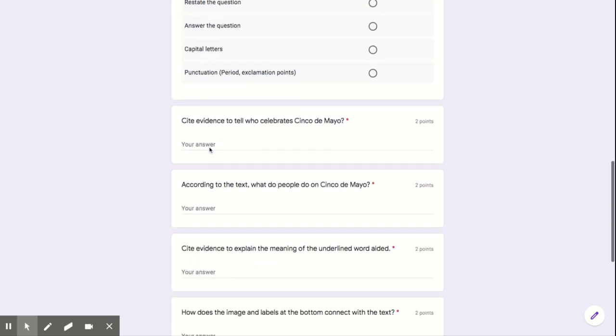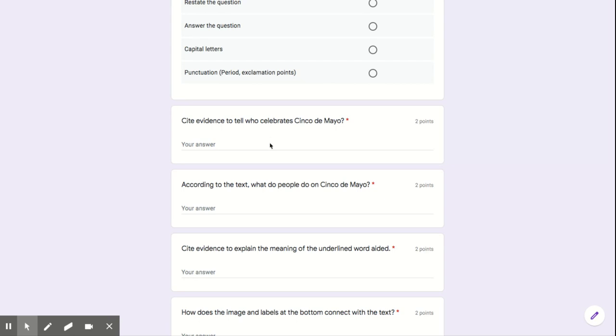Now, the first question says, cite evidence to tell who celebrates Cinco de Mayo. So I'm going to pay attention. It says who celebrates it, not where, not when, who. So to restate, I know that some important words are Cinco de Mayo and celebrates.